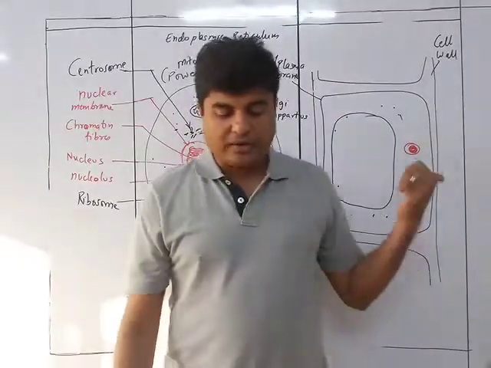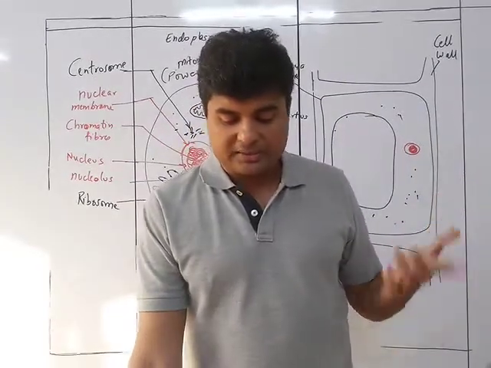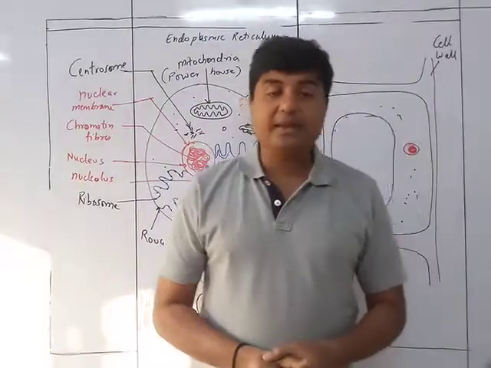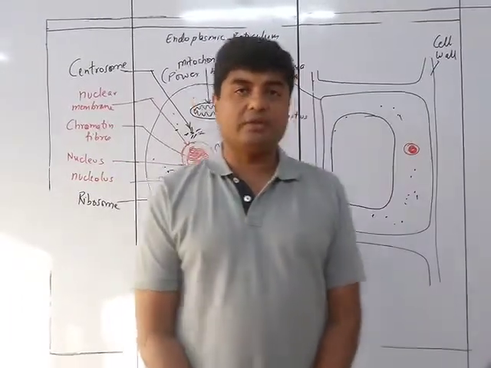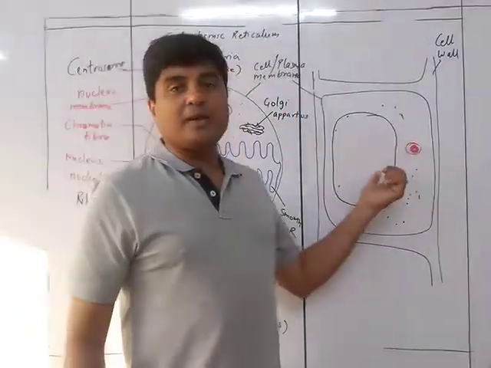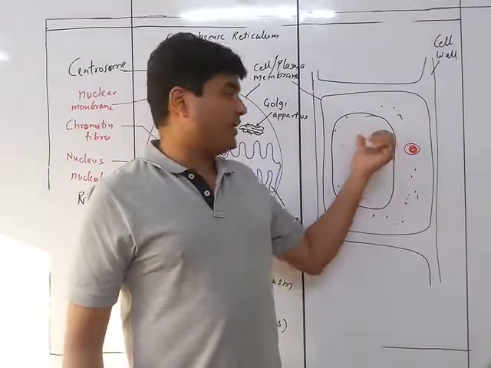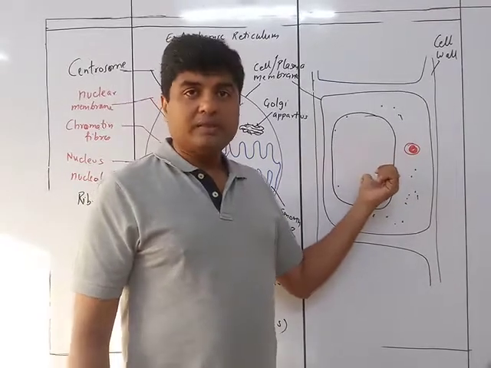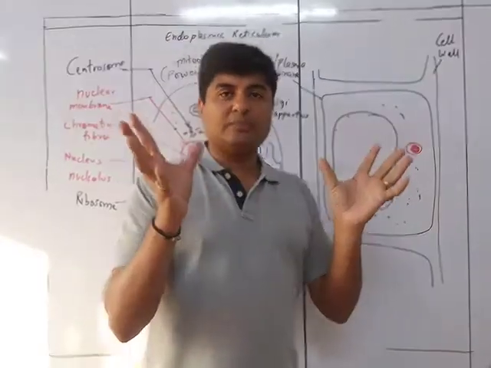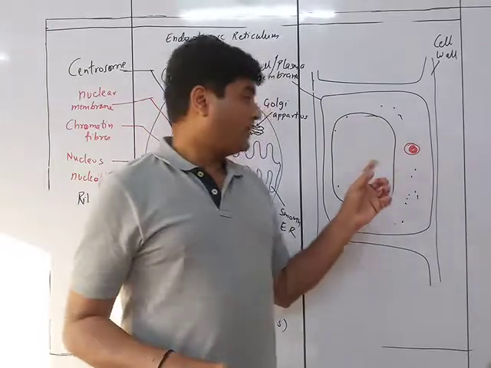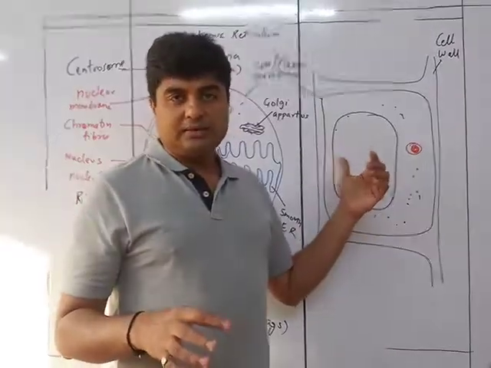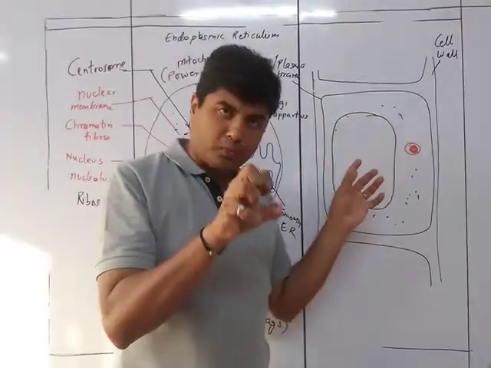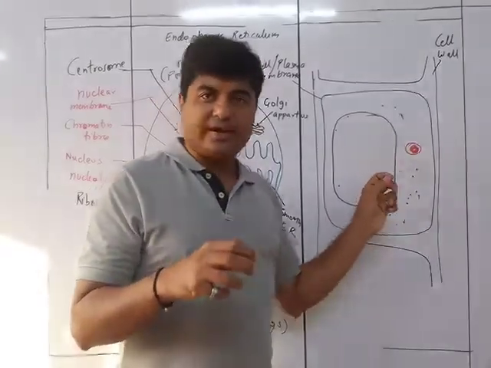Function-wise, vacuoles store water and other substances, food, pigments and waste products, and they also give turgidity to the cell. Now if this plant cell has a big vacuole which is full of water, जो पानी से भरा हुआ है, then the plant will be in a blossom condition. और ऐसे ही उसका पानी चला जाएगा या plants को water नहीं किया है, then the vacuole becomes smaller and the whole plant shrinks.